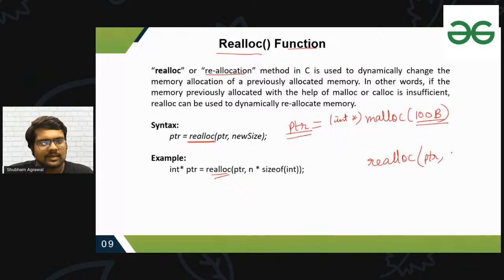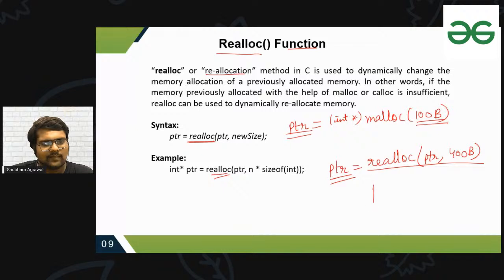It will reallocate the memory and return the pointer for that, so we can just take the base address of the memory that will be reallocated. Here 100 bytes is there.